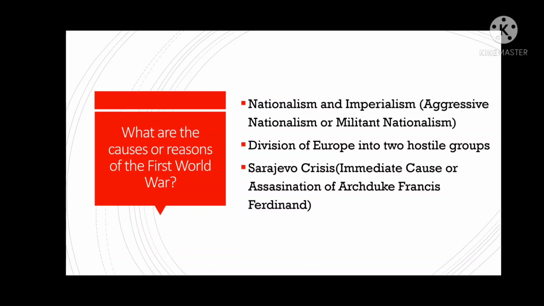The second cause is division of Europe into two hostile groups, two enemy groups. This is also very important. And the third one is the Sarajevo crisis. The J is silent. If you want to remember, you can say Sarajevo crisis, but the pronunciation is Sarayevo.